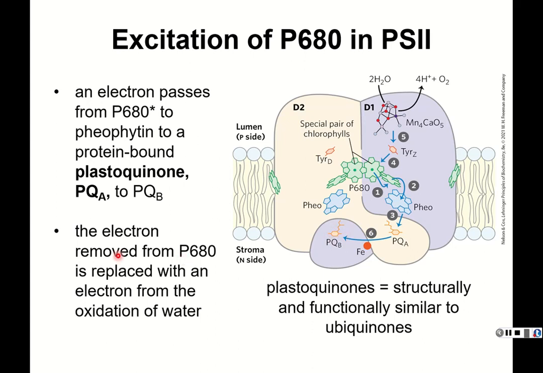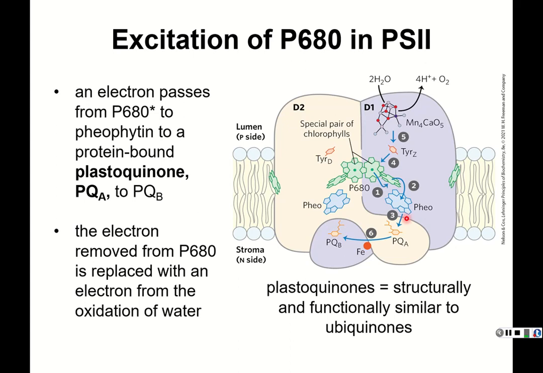The electron removed from P680 is replaced by an electron from water. So that's where we get water. And how that works is you have this oxygen evolving complex, where you have this manganese calcium oxide coupled to a tyrosine.